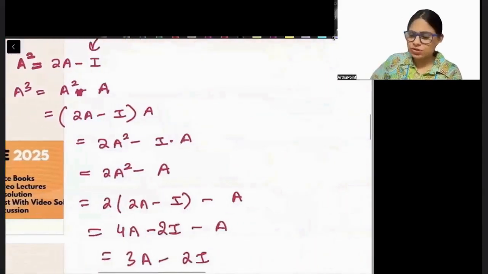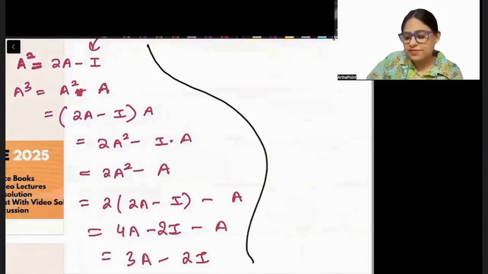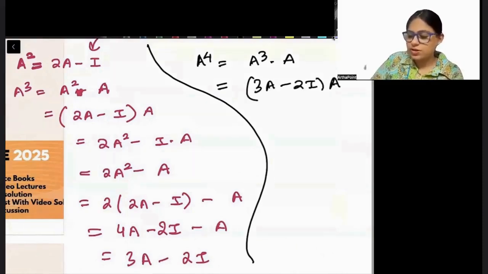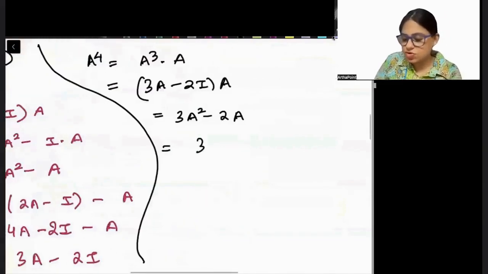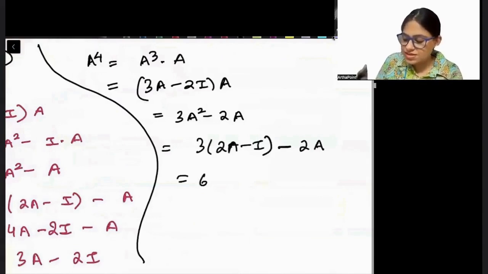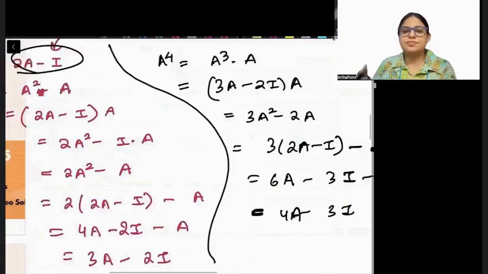Let's find out one more, then it will be easy. I'll find out A to the power 4. A cube into A. A cube is 3A minus 2I into A. 3A square minus 2A. A square is 2A minus I. 3 into 2A minus I minus 2A. 6A minus 3I minus 2A. 4A minus 3I.